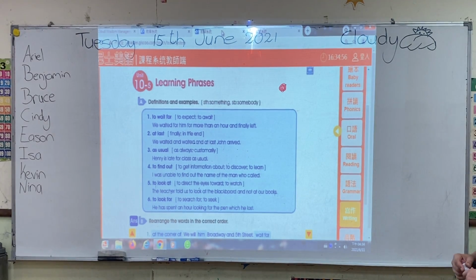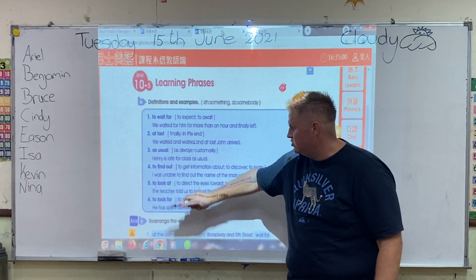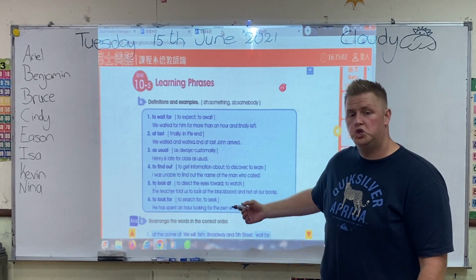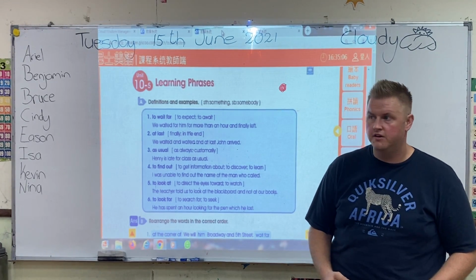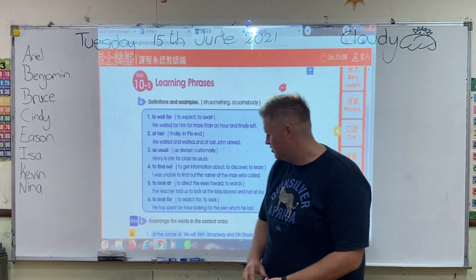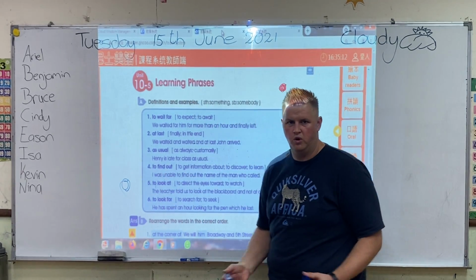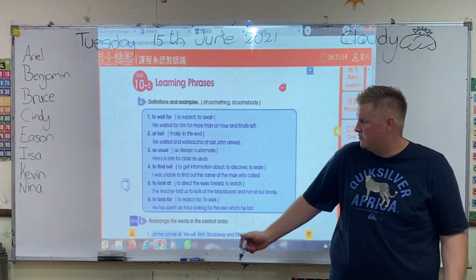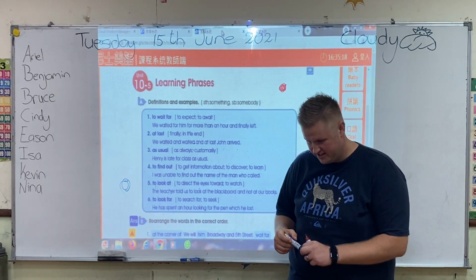So this is to look for and to look at. Do you know the difference? Look at the red dot, or look for the blue dot. Where is the blue dot? Look for the blue. Yes, there it is. Good job.